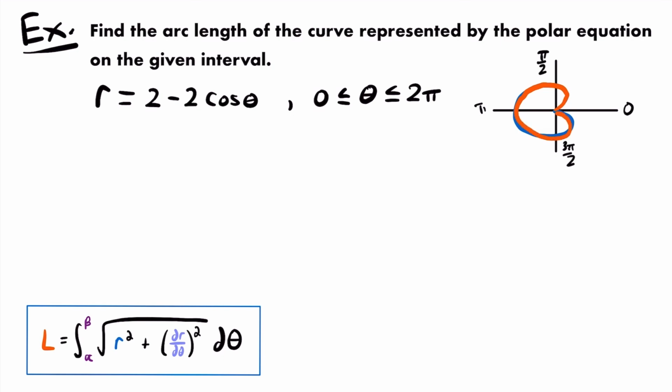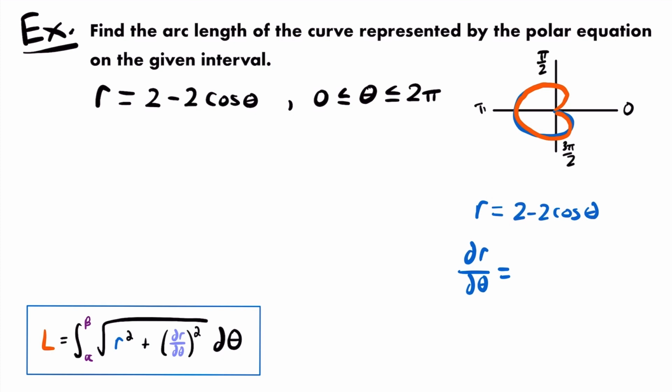All right, so to calculate that arc length, we'll use our arc length formula. And in order to set this up, we need to know r and dr d theta. We know that r is equal to 2 minus 2 times cosine theta, which means that dr d theta, the derivative of r with respect to theta, will be the derivative of 2 minus 2 times cosine theta.